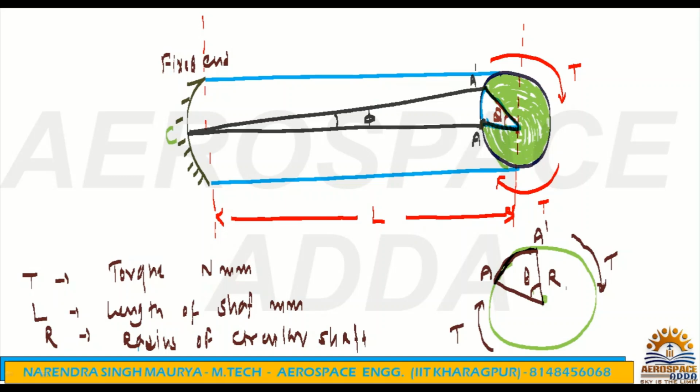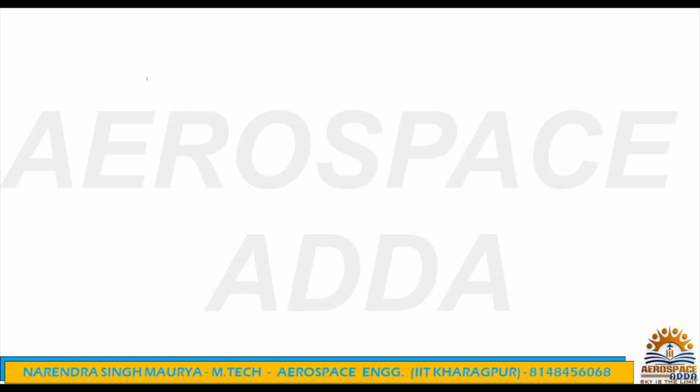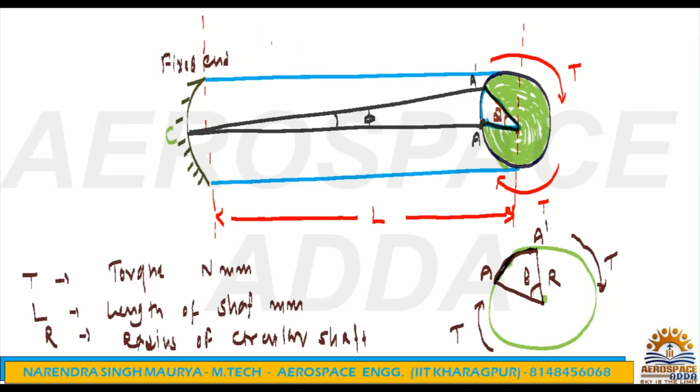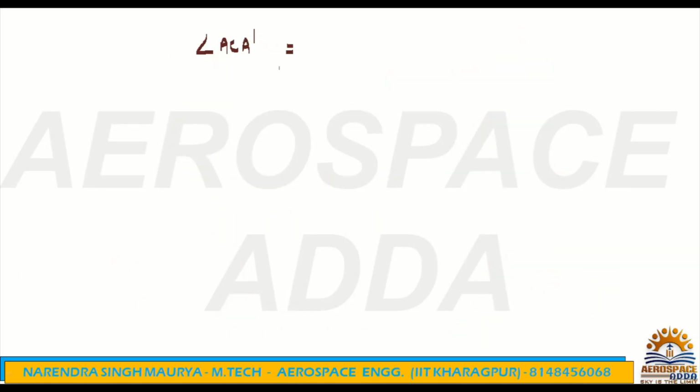Now in this situation we have angle ACA dash. What is the angle ACA dash? It is nothing but phi, and obviously it will be in degrees.